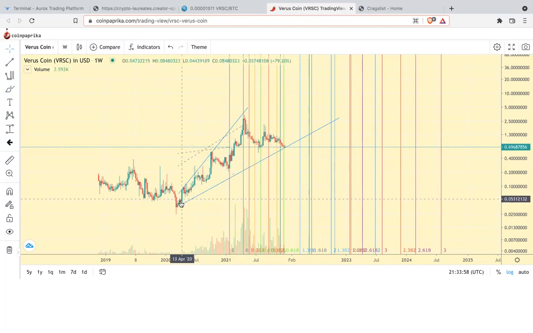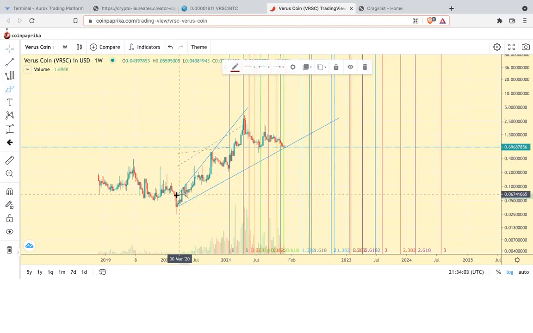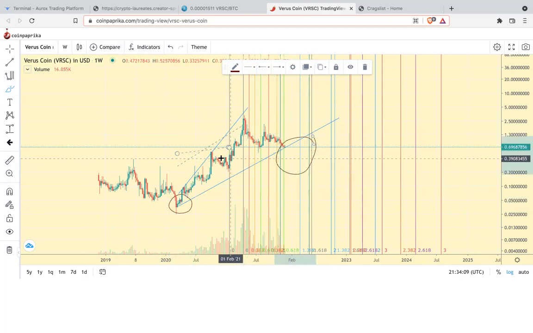So basically I'm saying we're going to compare two different degrees. We're going to compare the low of this degree with wherever the low of this degree is going to be, and compare the initial low of the smaller degree with the low of the smaller degree.